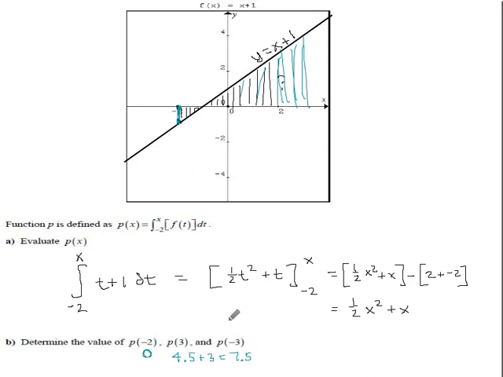So that's believable. And now this one's fun, p of -3. That means we're starting at -2 here, and we're going out to -3 this way. Now, careful. What sign do you think this result's going to have? This is tricky. There are two things to consider.